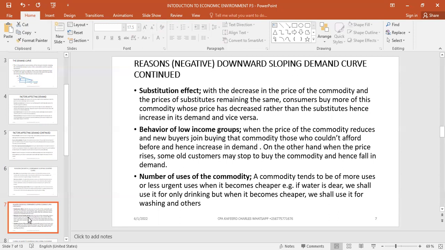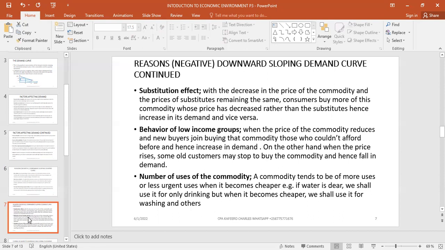If that product can be used for so many purposes, then we assume that when the price of that item increases, we expect that some people, instead of using that item for so many things, will concentrate on the priorities, what that product can give as a priority to them, and leave these other ones because the price has increased.